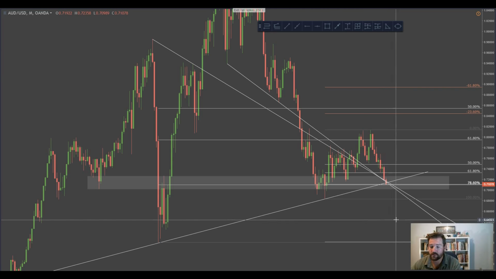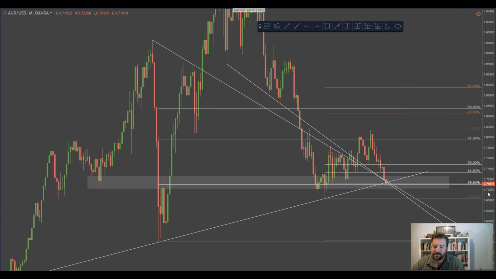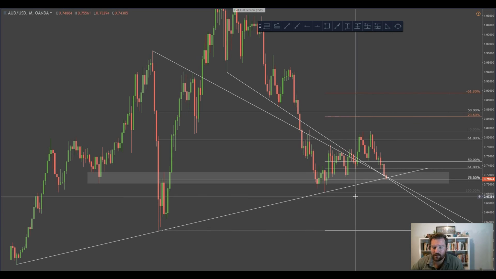Now, with that being said, it may just blow right through this. All this confluence may be essentially bullshit, for lack of a better word. This stuff may not hold up. It looks good, I'm building a good case for myself, but at the end of the day, if price wants to go down, it's going to go down. So you have to just keep that in mind.